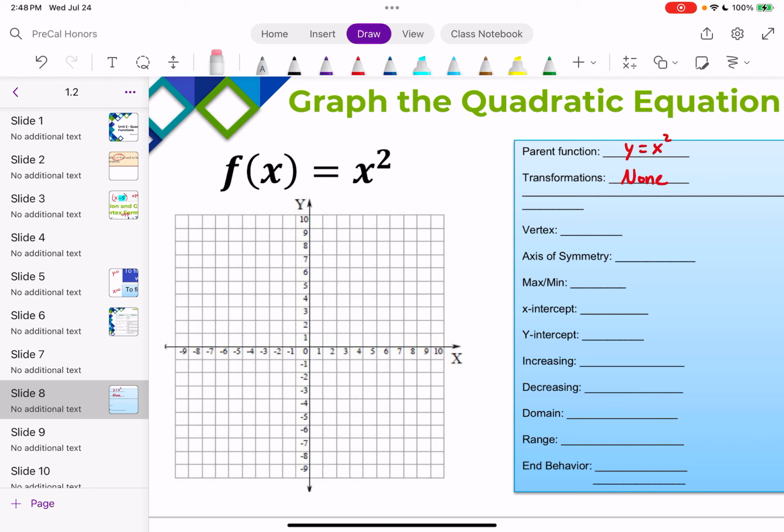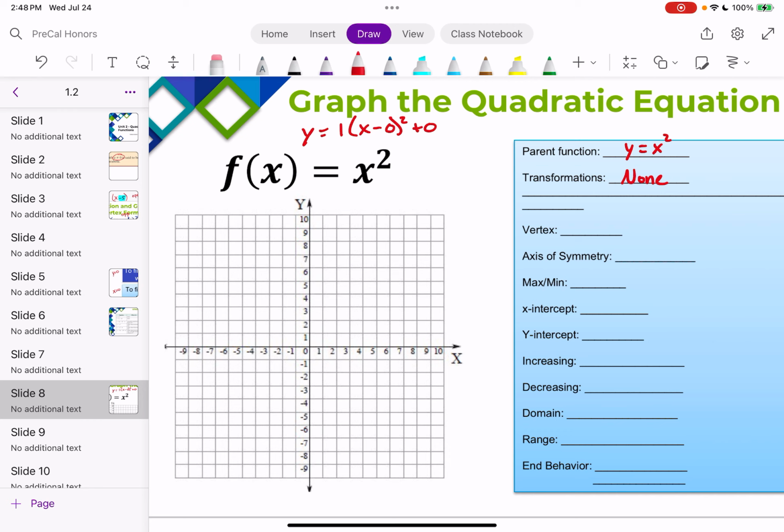Let's go ahead and take a look at the vertex. Do we know the vertex? Well, remember, this is the same as y is equal to a, or we can just go ahead and write 1 times x minus h. Since we don't have an h, it's a 0 squared plus 0.